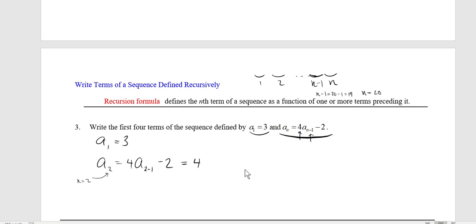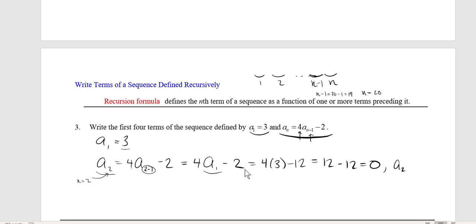This is 4 times a, 2 minus 1 is 1 on our index, minus 2. And this is exactly what we need. A2 is described in terms of A1, which we know a value for. A1 is 3, so we get this pretty easily. 4 times 3 is 12, minus 12 is 0. A2 equals 0.